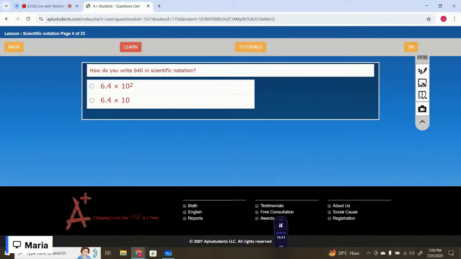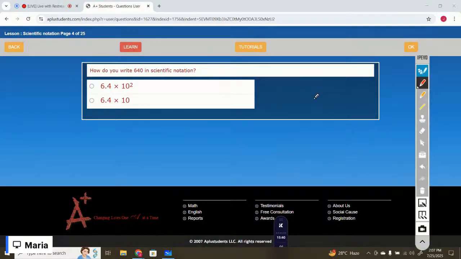How do you write 640 in scientific notation? That is 640. Move the decimal point from here to here.